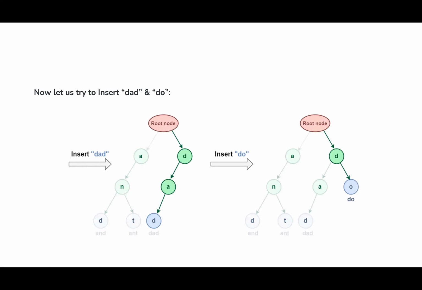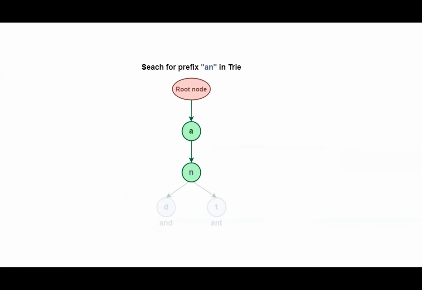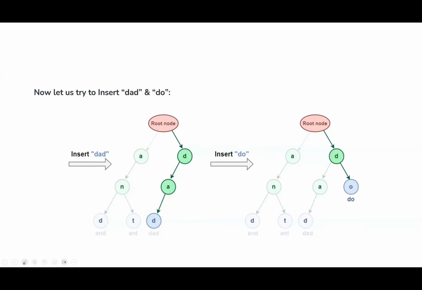Next we insert two other words, dad and do. Already our tree had this, right? Then we insert dad.